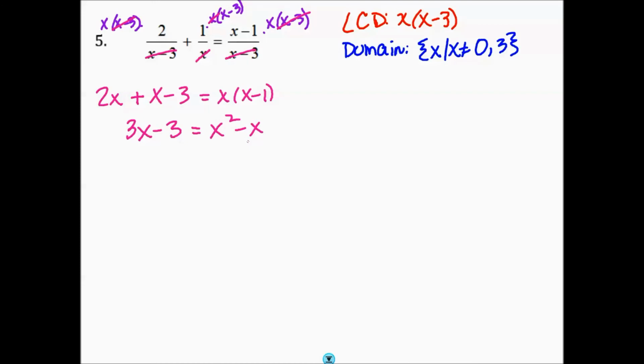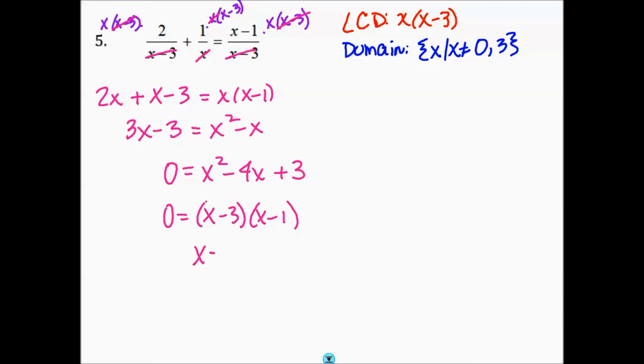So we're going to end up with a quadratic, so we need to set it equal to 0 and then factor. Then if we factor, we end up with x minus 3 times x minus 1.